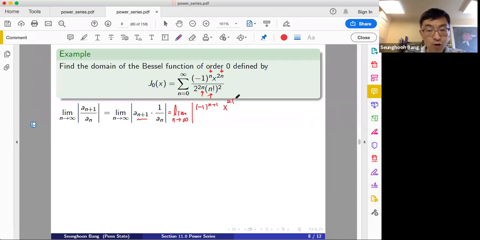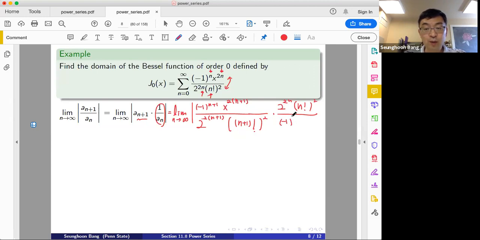Then flip the other term: 2^(2n) times (n factorial) squared over (-1)^n x^(2n).